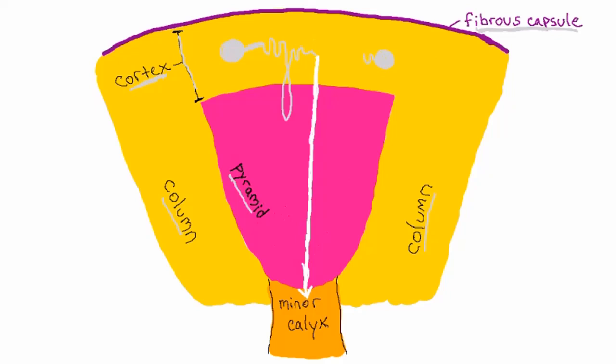It does a little convoluted mess there, goes down, but this one goes way down into the pyramid, very long, does a little loop-de-loop, comes back up, does a little convoluted twisting and turning, and empties into the collecting duct. So this one, the one that is mostly up in the cortex, is called the cortical nephron. And this one that goes all the way down into the medulla area is called the juxtamedullary nephron.